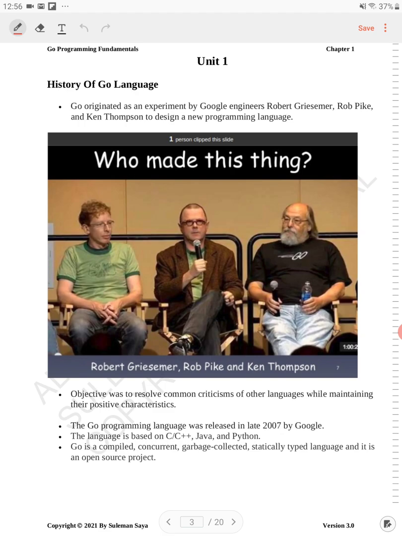Prior to the Go project, Robert worked on code generation for Google's V8 engine for JavaScript. And the V8 engine is actually written in C++ by Google.